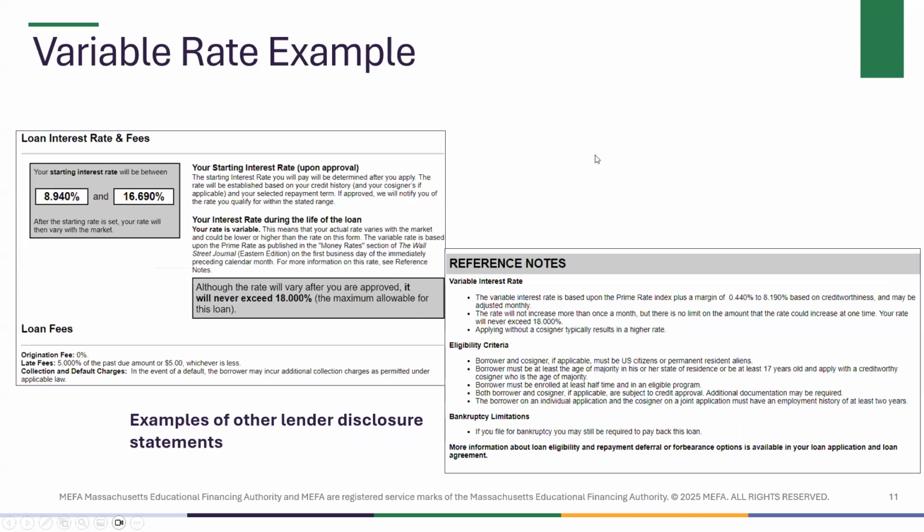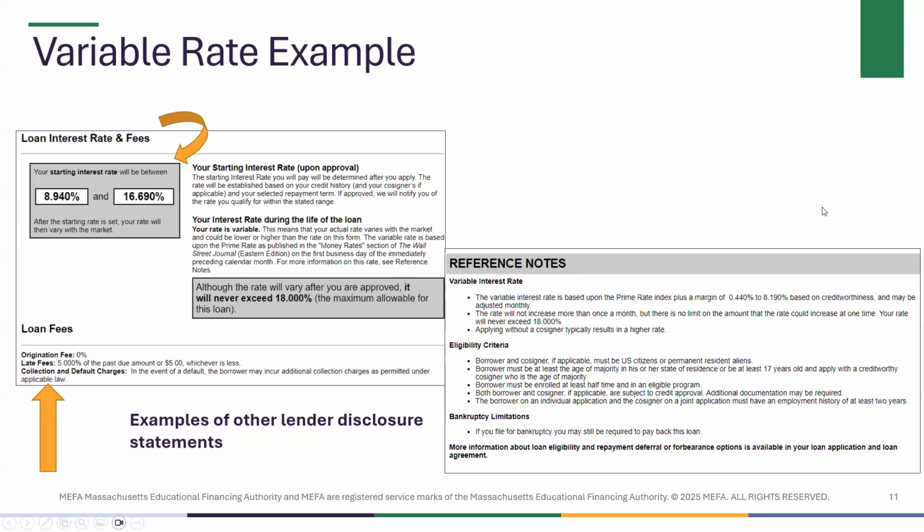If we look at variable rates, you can see in this example, it also shows the range of the interest rates. But you also see here the loan fees. You'll also see this on a fixed rate loan disclosure. It shows that there are no origination fees, which is great. But if you're late on your payments, there could be a 5% past due amount or $5, whichever is less.